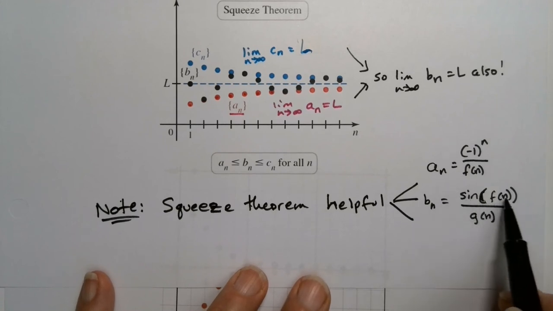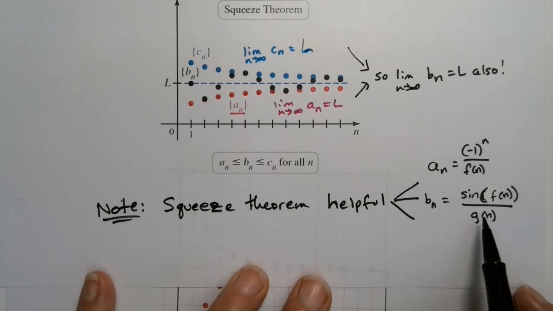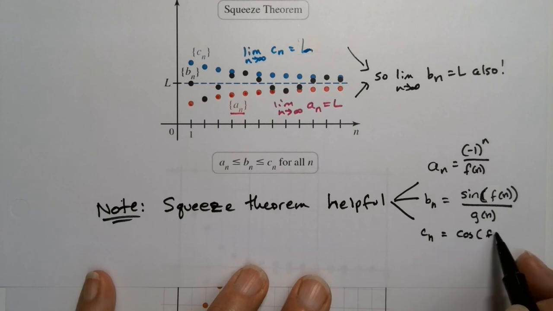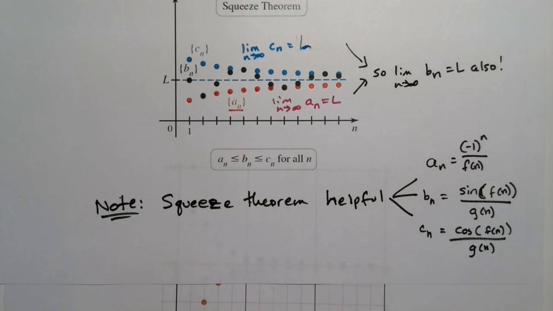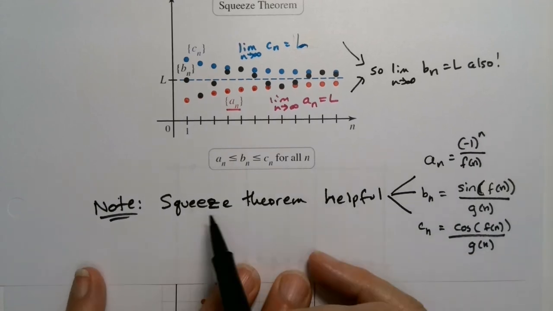So it'll be sine of something over some power of n, or n cubed or something like that. And similarly cosine, right? Cosine of some function of n over another function of n, because cosine and sine are both limited between -1 and 1, as is -1 to the n. So those are 3 very common ones where it can be helpful.